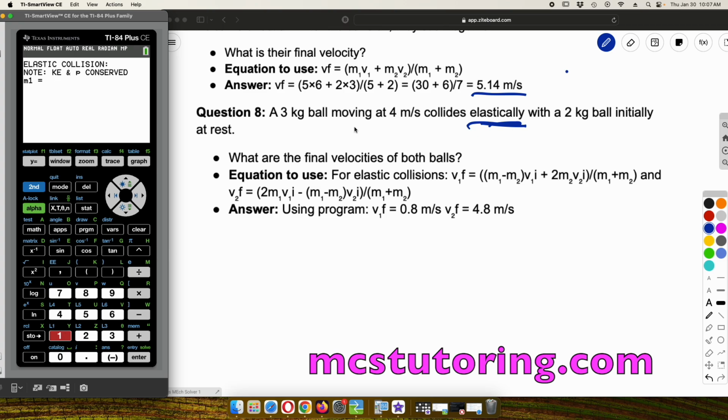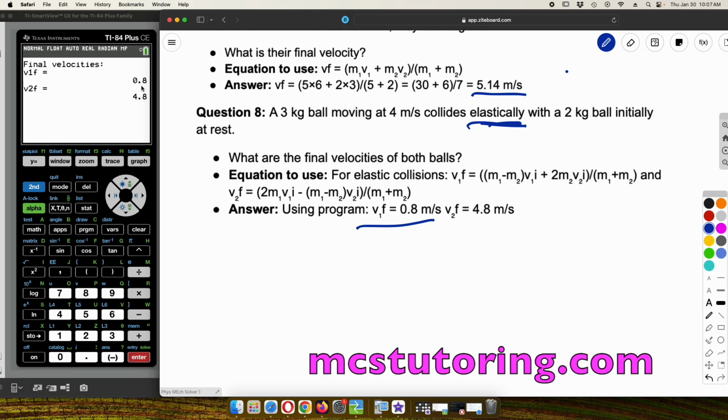So mass 1 is 3 kg, and mass 2 is 2 kg, and velocity 1 initial is 4 meters per second. And initially at rest, oh, that 2 kg ball, the second object, is 0, that's what at rest means. Okay, so V1 final is 0.8 meters per second, and V2 final is 4.8 meters per second.